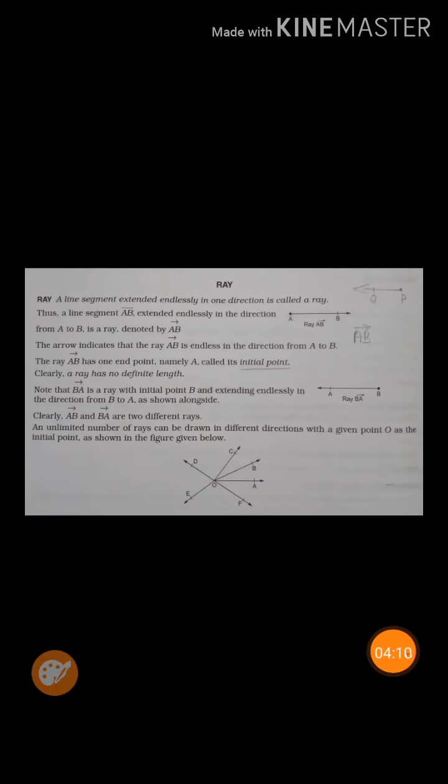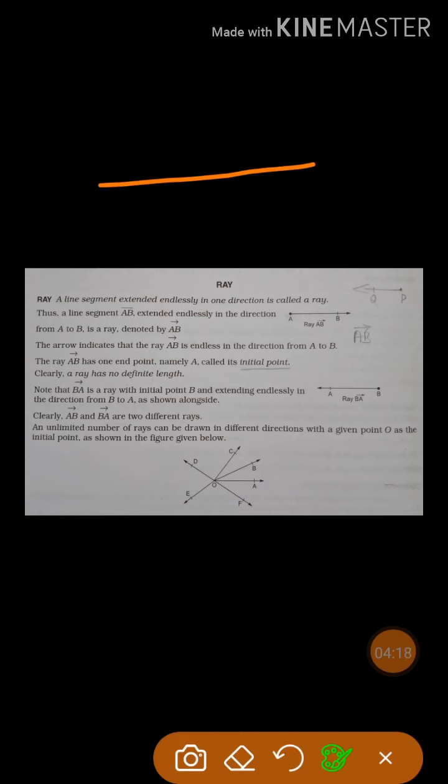Now come to the ray. A line segment extended endlessly in one direction is called a ray. If a line segment is extended endlessly in one direction, here in this direction, this is A, this is the point B, and it keeps moving in one direction. This is called a ray.